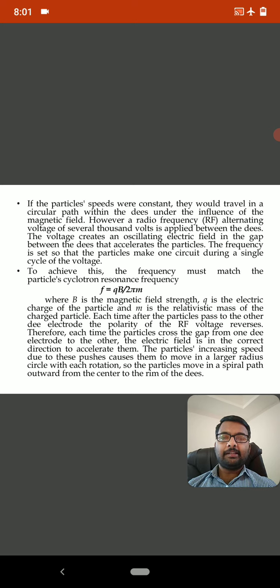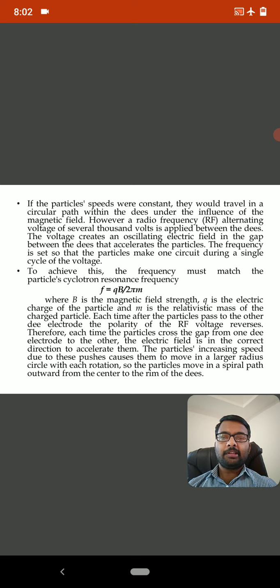The particles' increasing speed due to these pushes causes them to move in a larger radius circle with each rotation, so that the particle moves in a spiral path outward from the center to the rim of the disk.